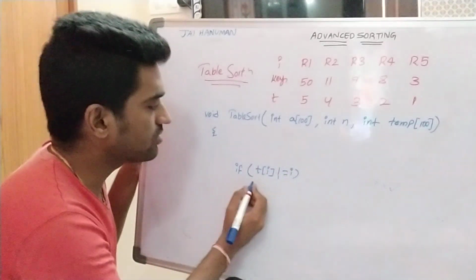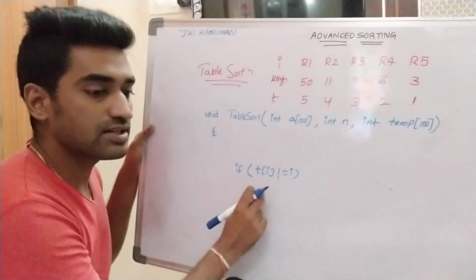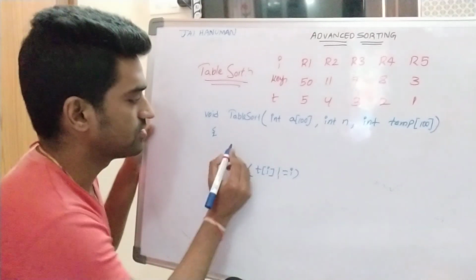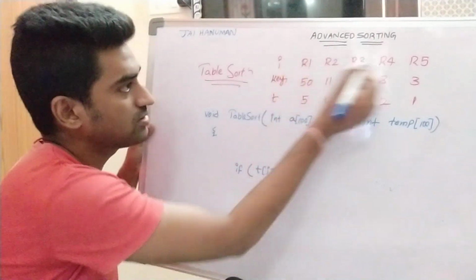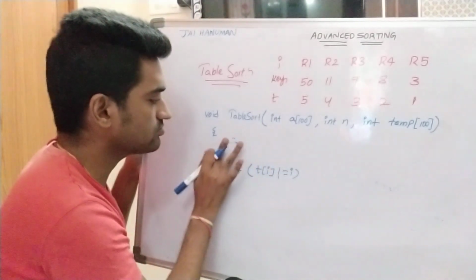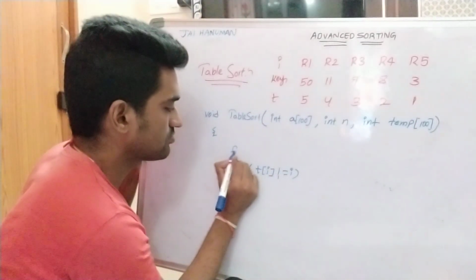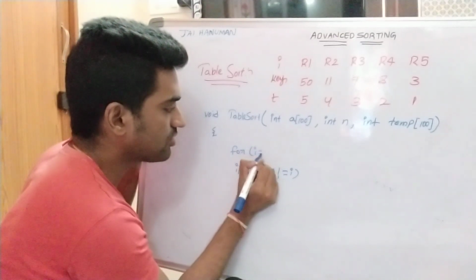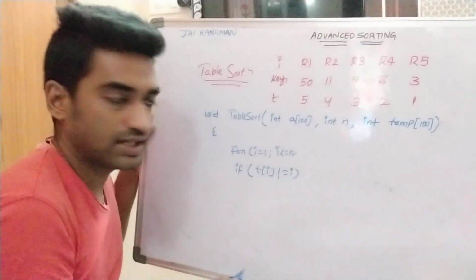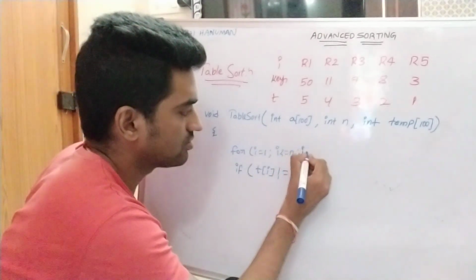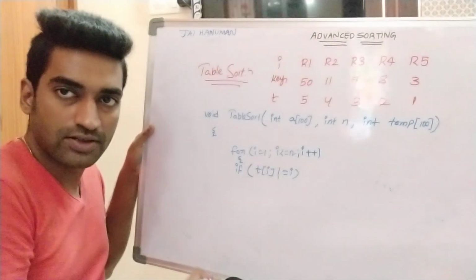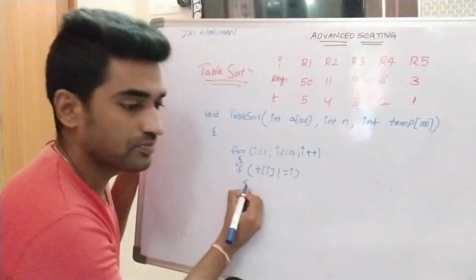So if T of I not equal to I, this condition is checked from I equal to 1 to I less than or equal to n, I plus plus. So if T of I not equal to I, what is the procedure?